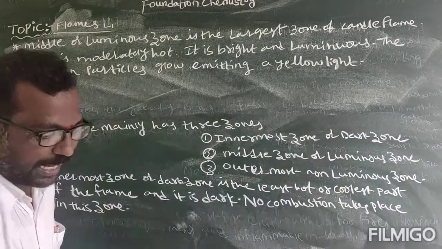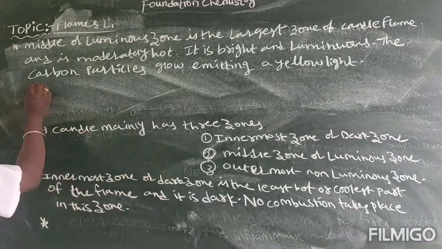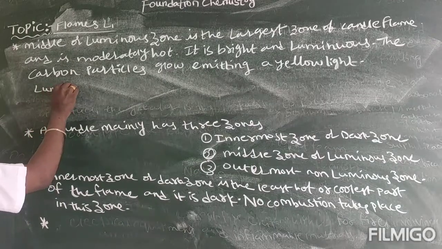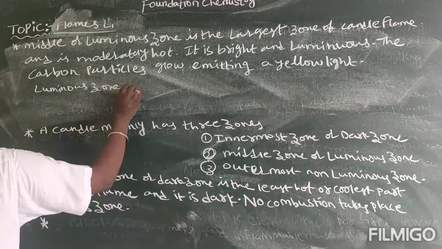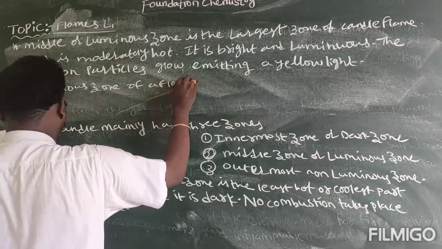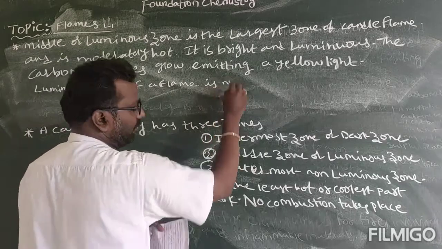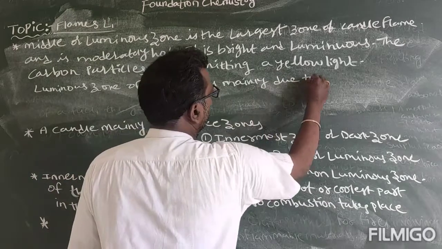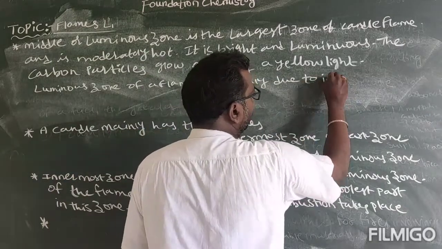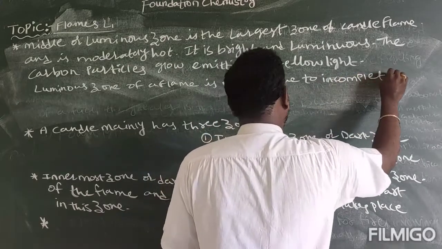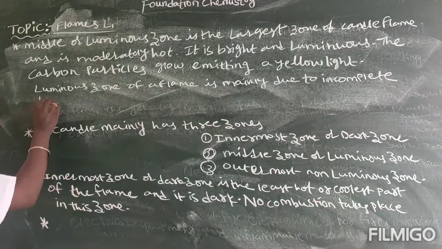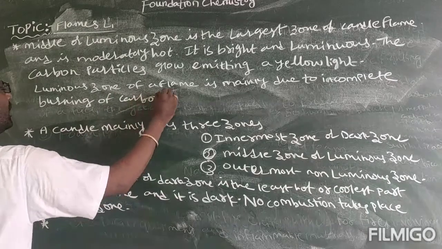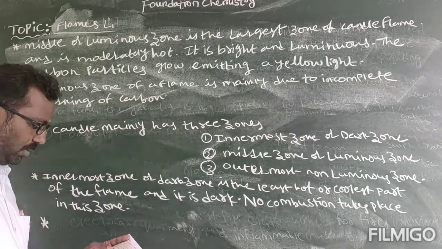The luminous zone of a flame is mainly due to incomplete combustion, incomplete burning of carbon.